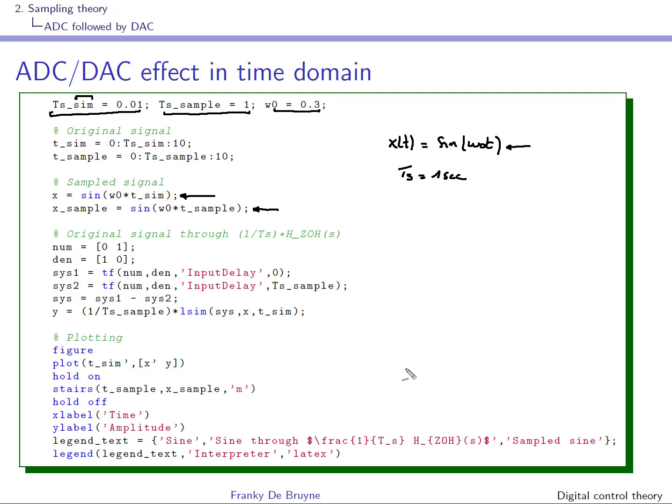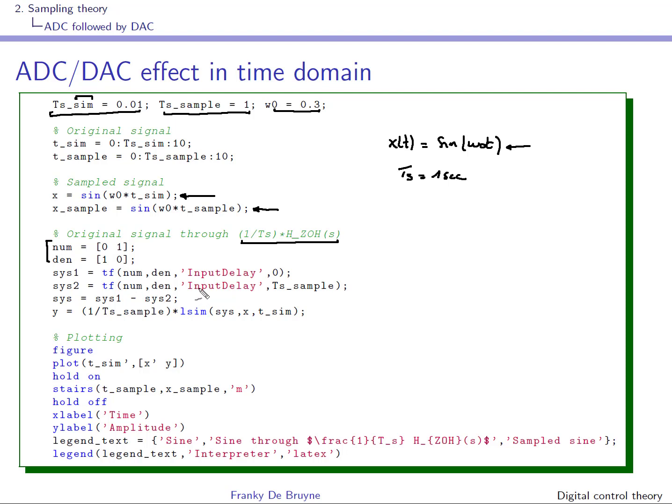So we take the original signal x of t, and it will go through this transfer function. Remember that this transfer function is meant to represent the effect of a combined analog to digital conversion directly followed by digital to analog conversion. And this is how you can do this. You have to take an integrator.